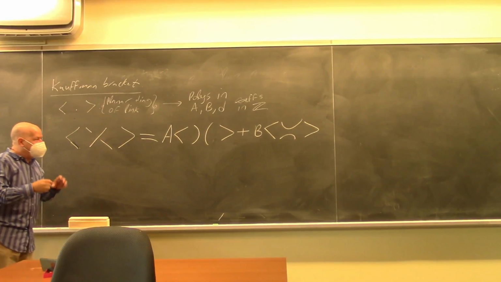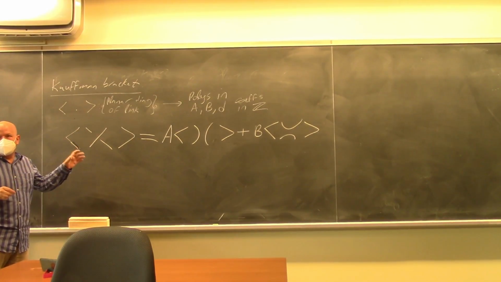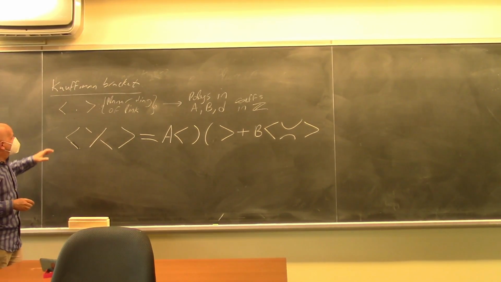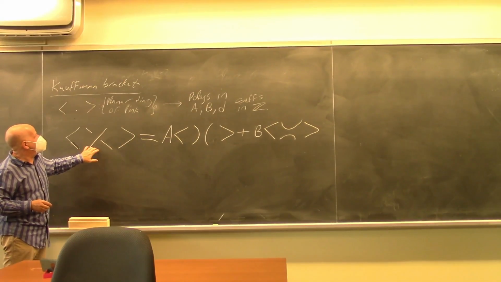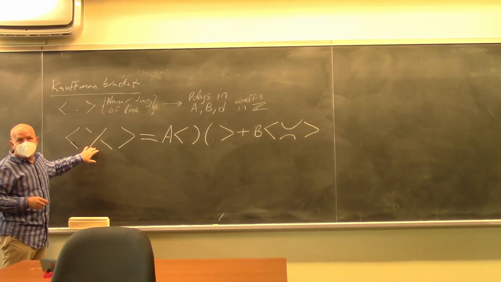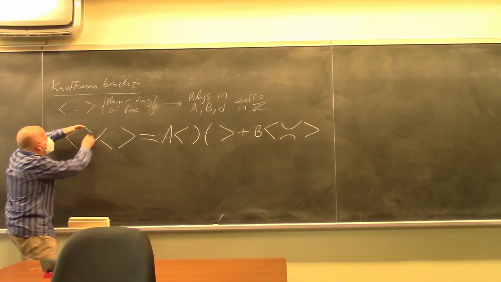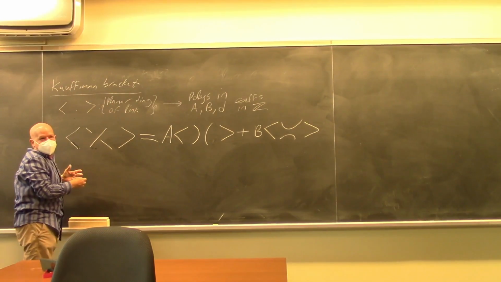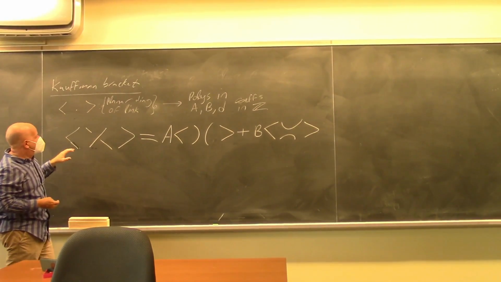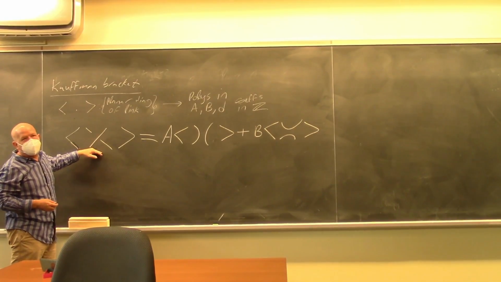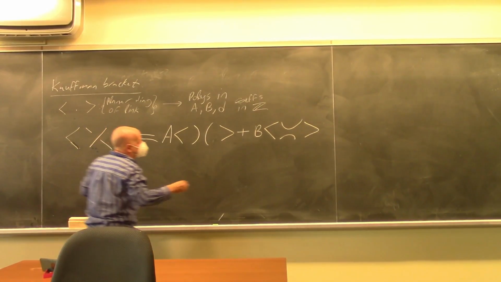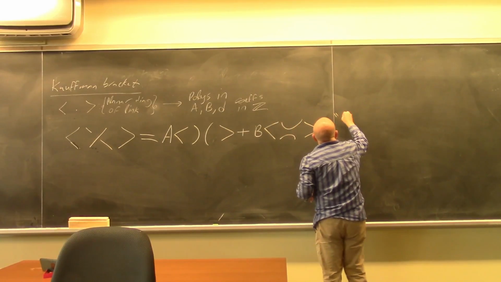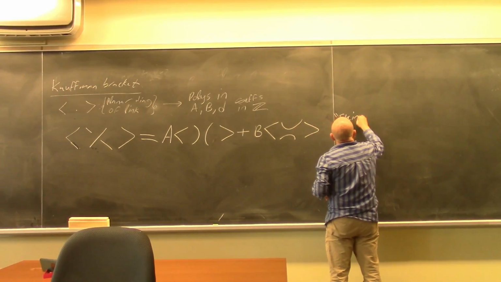So I have to explain what the notation means. First of all, this isn't the planar diagram of a link. The planar diagram of a link will be a bigger diagram. But what is written here is a so-called skein relation.